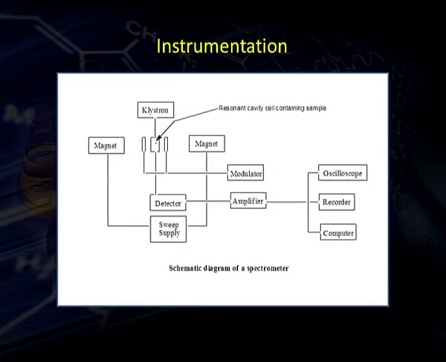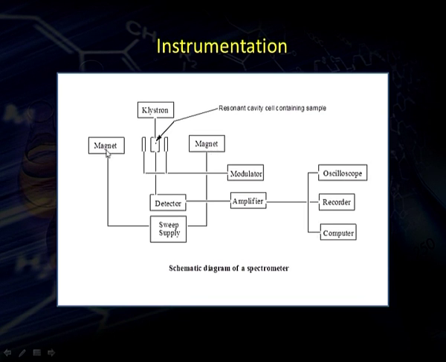Coming on to the instrumentation part of the ESR technique. In the instrumentation, we have a source, as in all techniques there is a source of radiation. This source radiates energy in the microwave region, and generally we use a klystron. Then this is connected to a resonant cavity cell containing the sample, so the radiation falls on the sample.